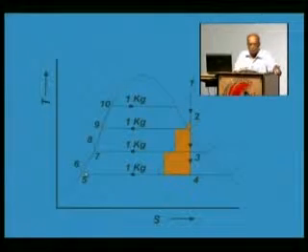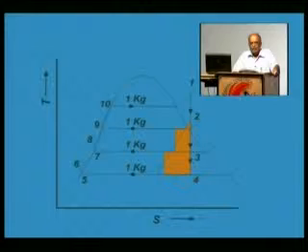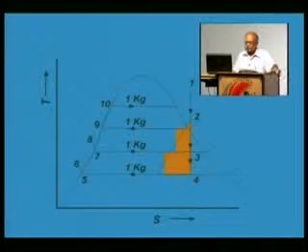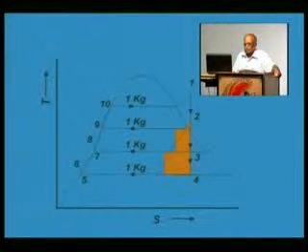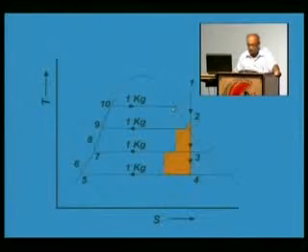So, when a large number of stages are being used, a regenerative feed water heating cycle will have almost the same area as that of a Carnot cycle, as has been shown here, and therefore the efficiency of the regenerative feed water heating cycle would be very large as compared to the Rankine cycle.